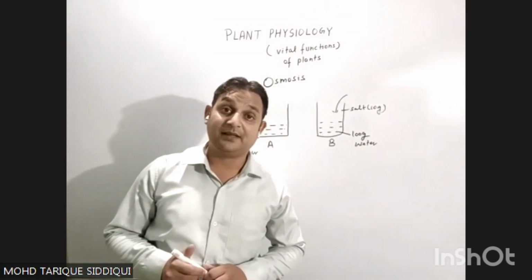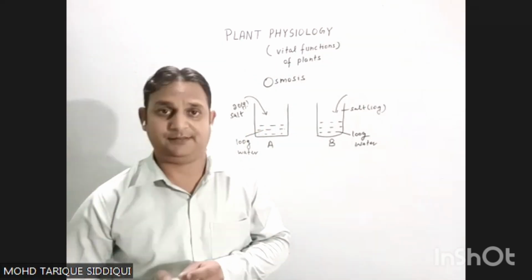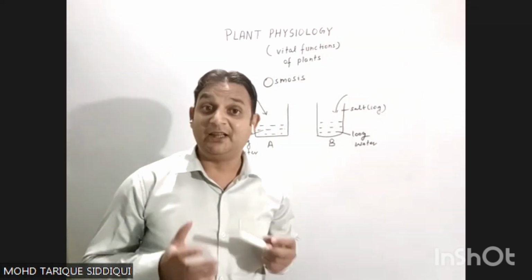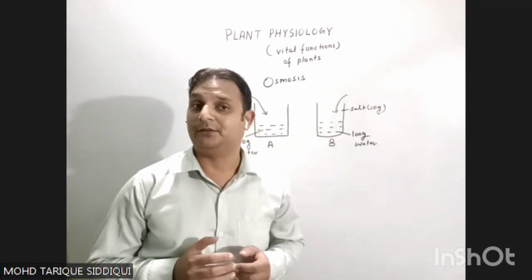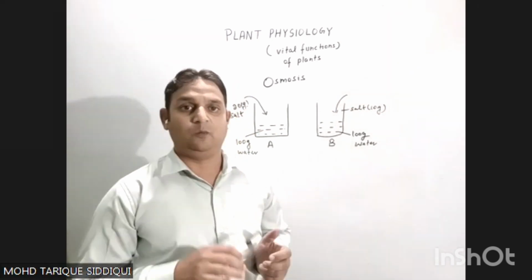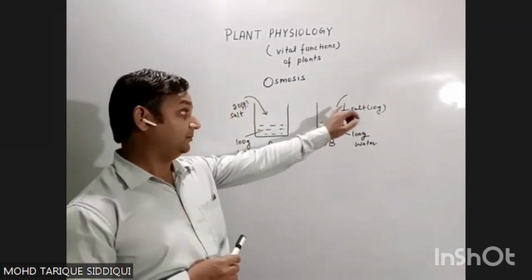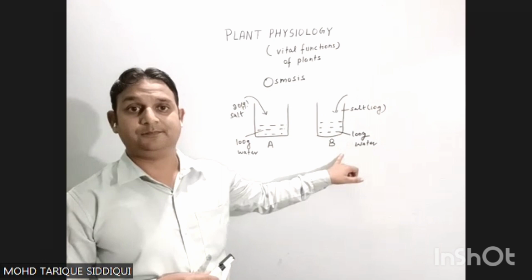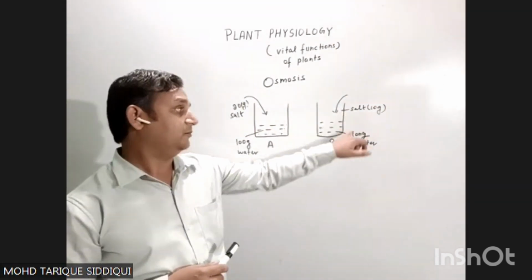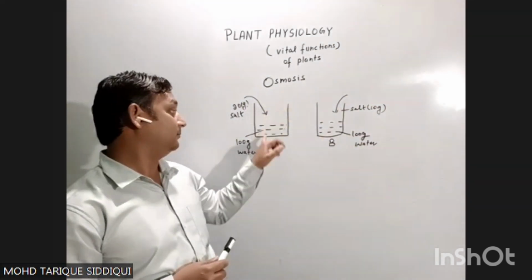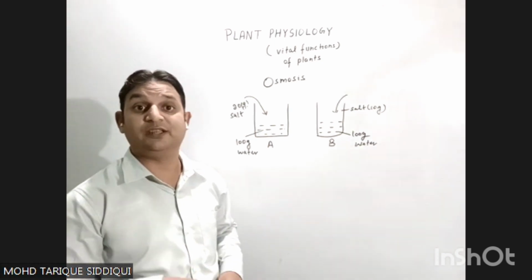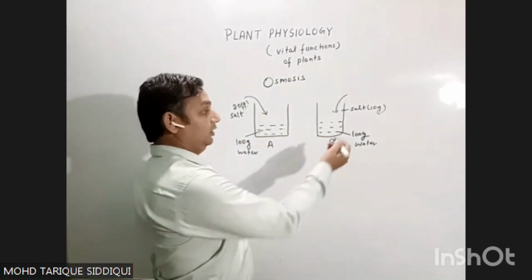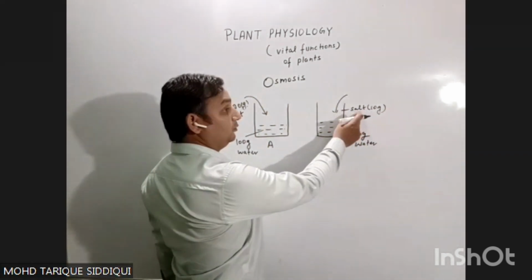I've already taught you regarding acids, bases, and salts, dilute and concentrated solution. Now, dilute and concentrated solution depends upon the quantity of the water. So here 10 gram salt in 100 gram, here 20 gram salt in 100 gram of water. So which will be the dilute solution? More amount of water here as compared to solute.